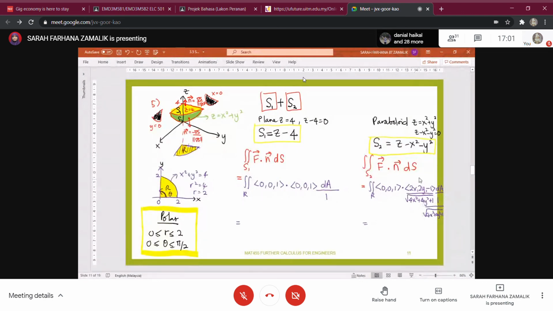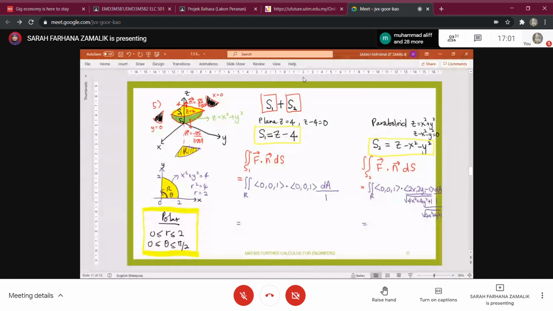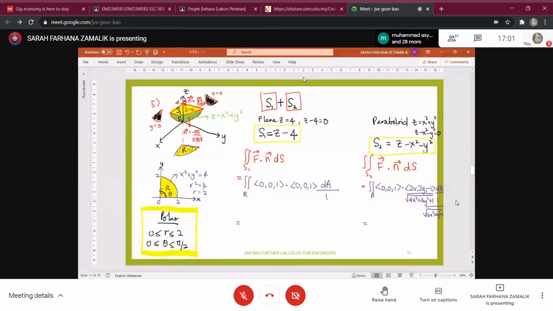Okay, check the component you substitute into your surface integral equation formula here. Surface integral kita. Check komponen dia sama tak dengan saya? Apa yang awak substitute tu?